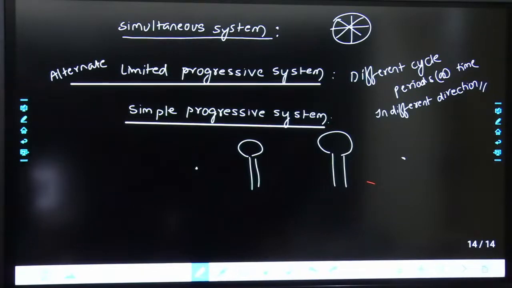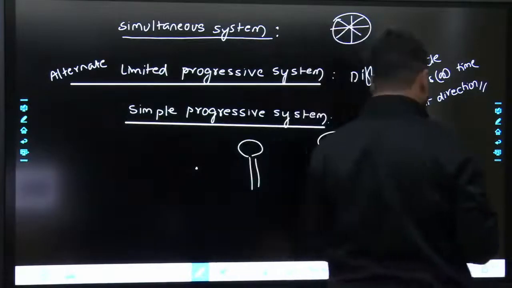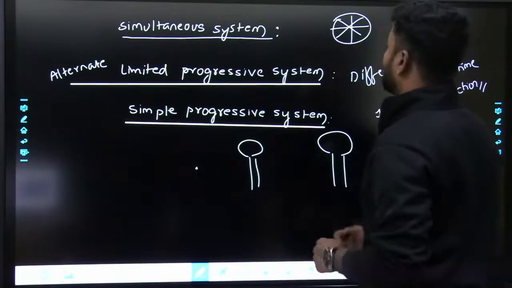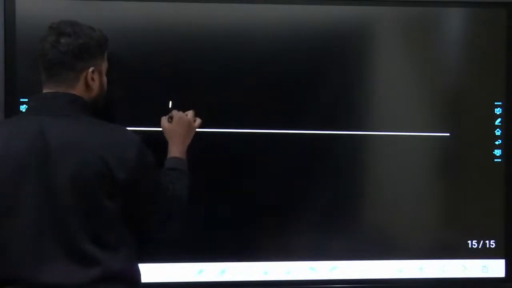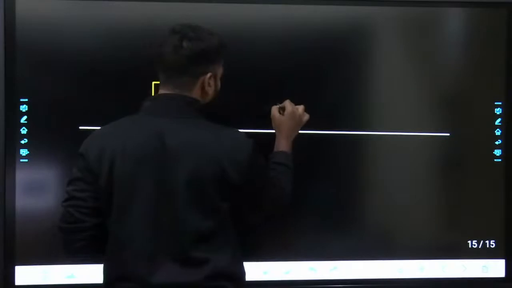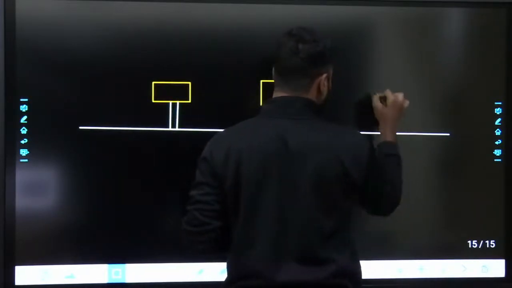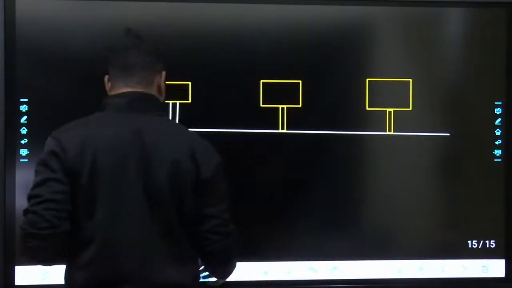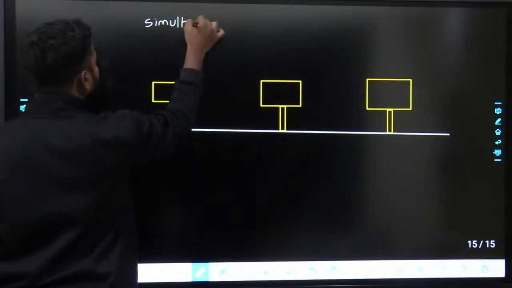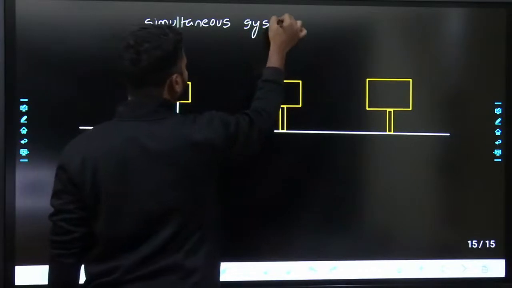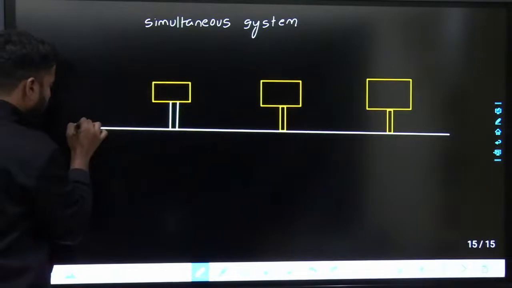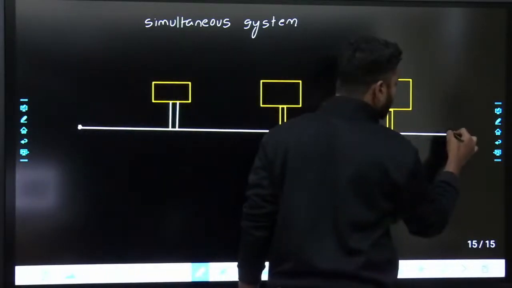Any doubts in this? In the simplest way, if you want me to explain, the simultaneous system: you are starting from here, you are reaching here, right?